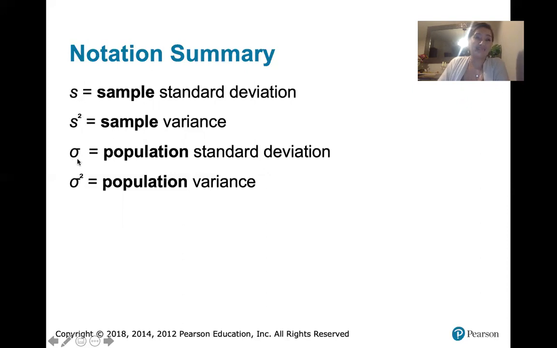Apparently S isn't, so that's a problem. But the downside for using sample variance is that it's got units that are not the original units of your data set, but those units squared, which makes it a little bit less easy to interpret.